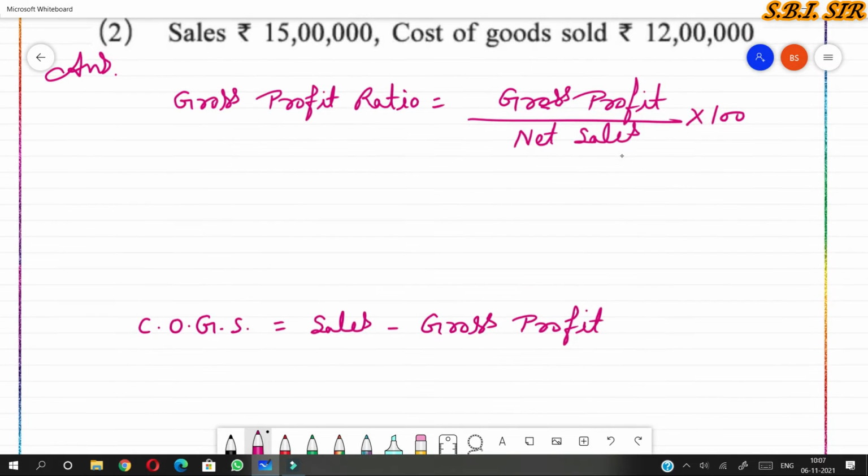COGS, meaning cost of goods sold, is given as 12 lakh, and sales is given as 15 lakh.